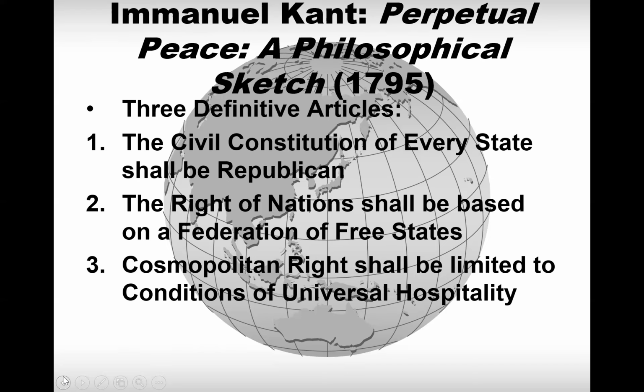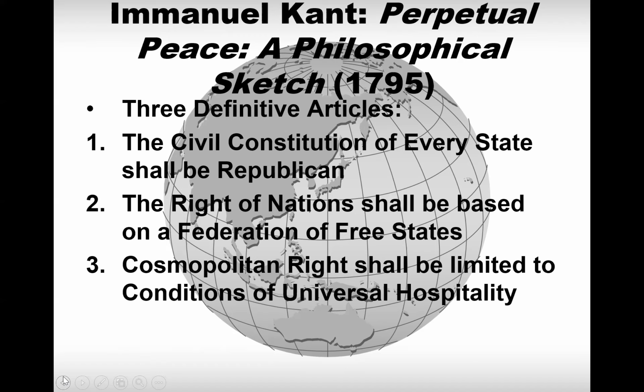So in order to join the European Union, you need to be a liberal democracy. You do not necessarily need to be a republic, but you need to be a liberal democracy, to be committed to human rights, to have a representative form of government. So the European Union can be seen as a federation of free states committed to these values.